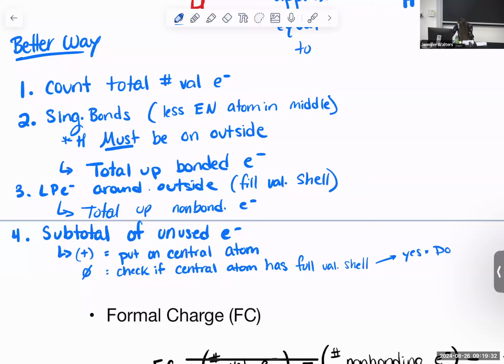If yes, then you're done. If no, you need to make a double bond and repeat step 2.